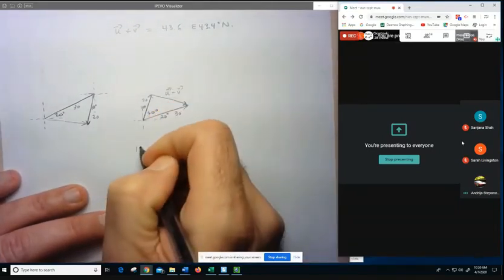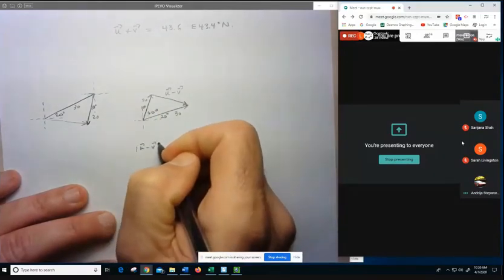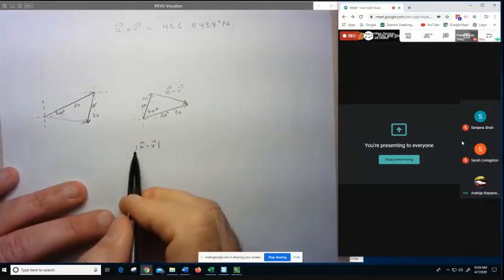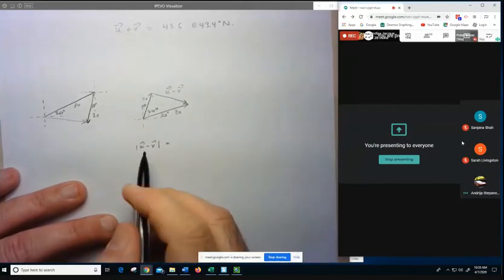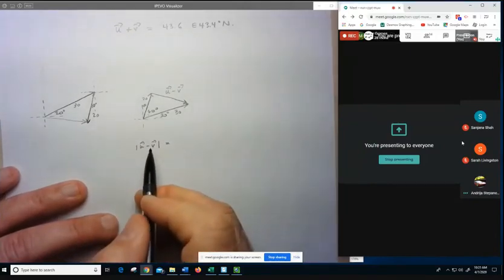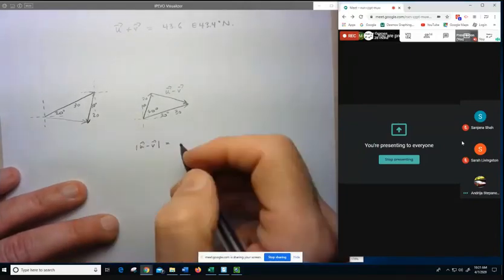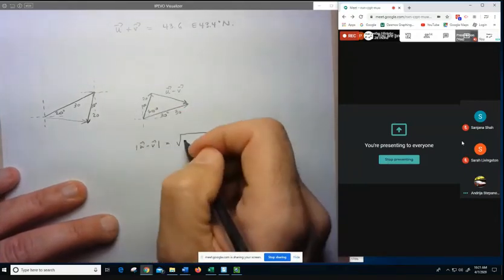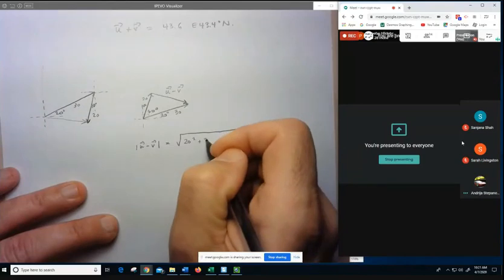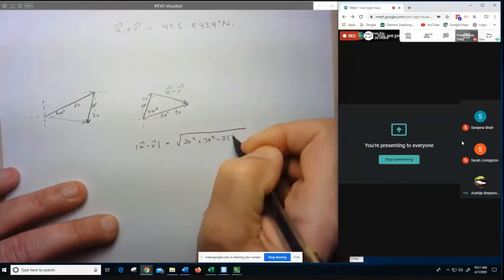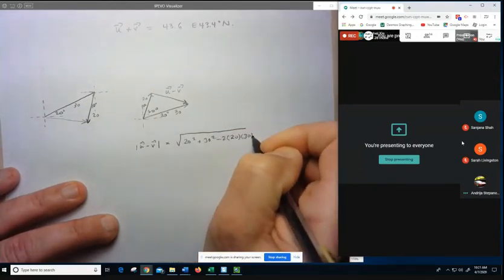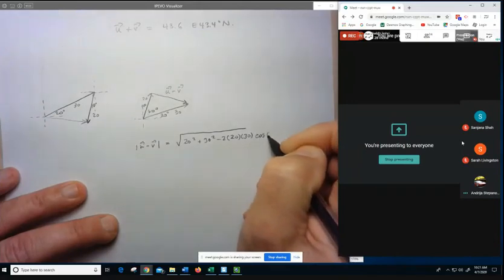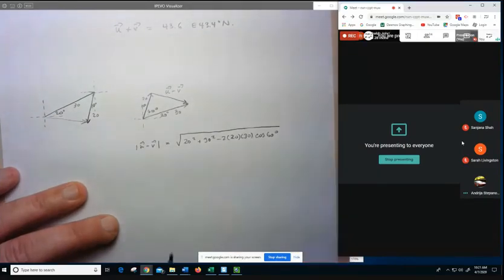So if I'm finding the magnitude of u minus v, now notice how I'm being careful with my notation. When I'm calculating a side length, make sure you are referencing the magnitude of that vector. So again, the idea is to just become really fast at this, okay? 20 squared plus 30 squared minus 2 times 20 times 30 cos of 60 degrees, all right?